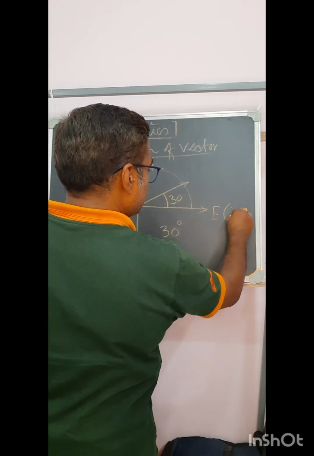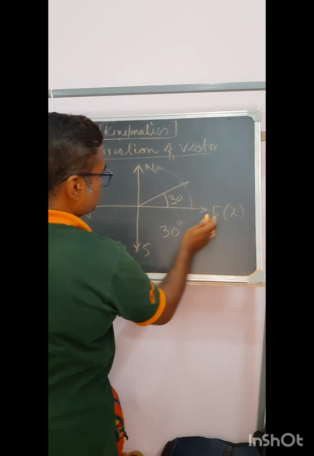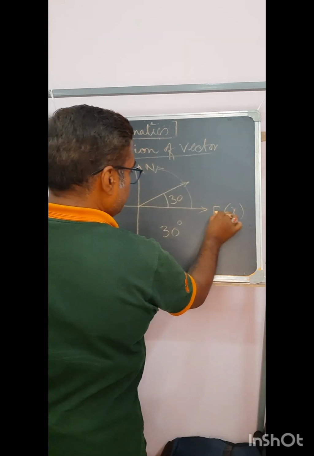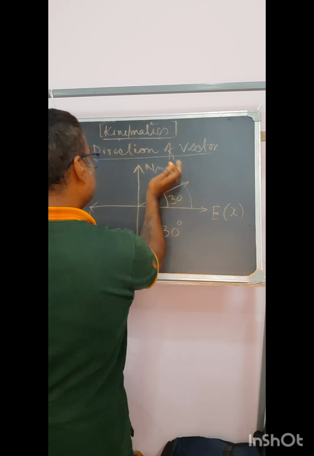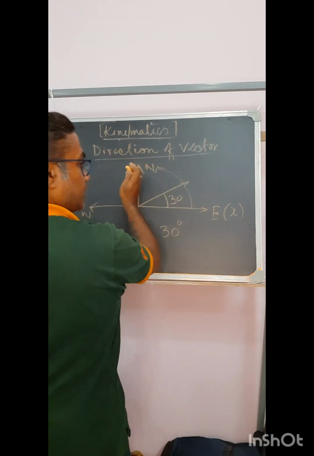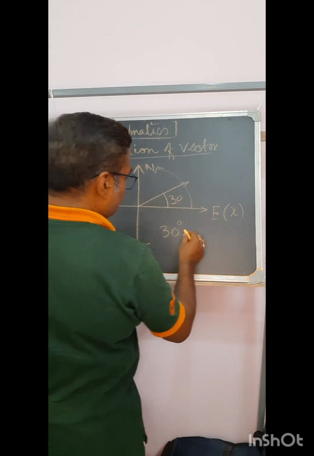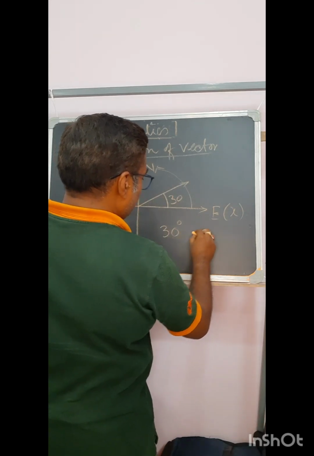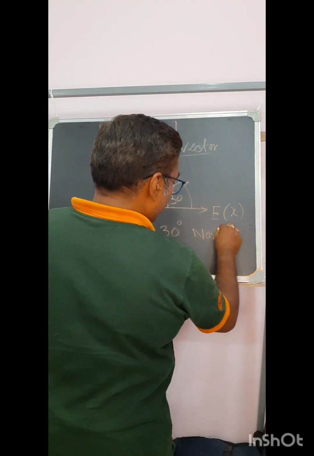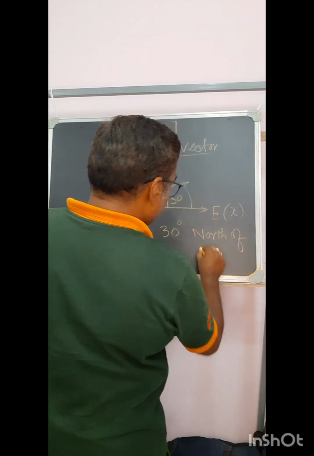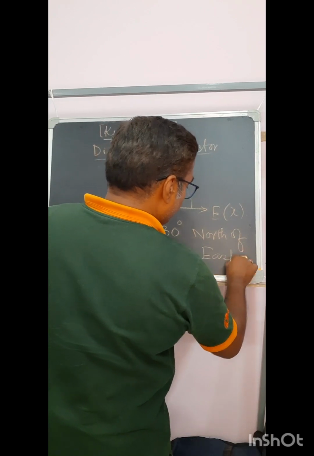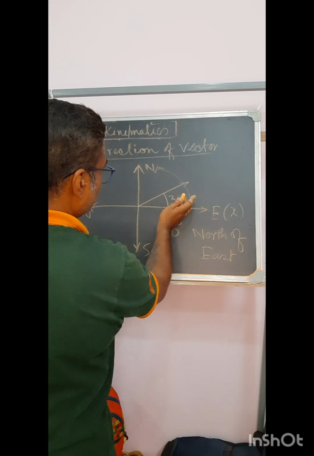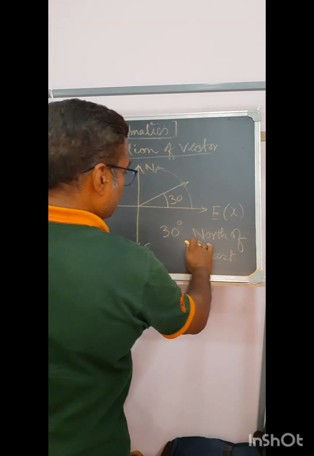That means if I consider positive x, we always consider the anti-clockwise angle with the positive x, that is east. So when it moves going towards the north side, it will be read as 30 degrees north of east. From where it has started, that will come last, and wherever it is going, that will come first.